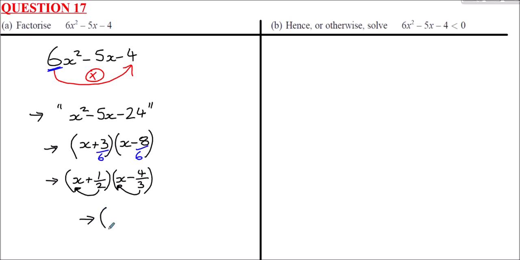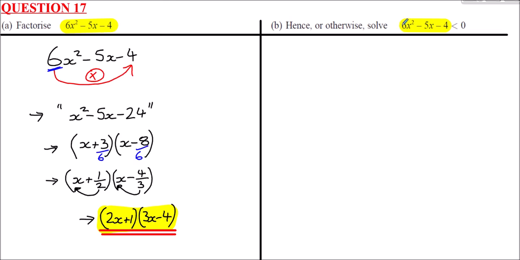So then what we have is 2x plus 1, 3x minus 4. So that's going to help us now for part B. So part A, this thing here, we've shown factorizes into this.